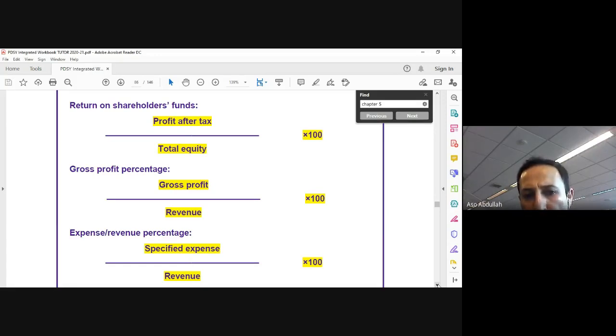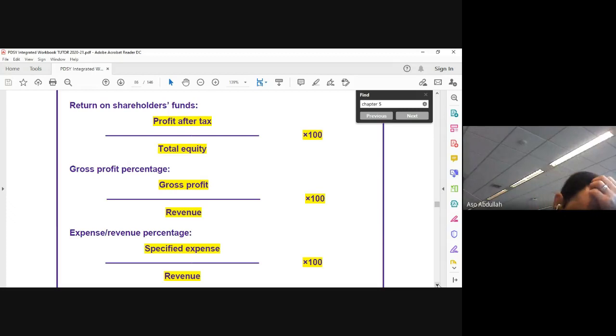You can find these figures, revenue and cost of goods sold, from the statement of profit and loss. So the formula is gross profit over revenue. What is gross profit? It is equal to revenue minus cost of goods sold, then times 100.